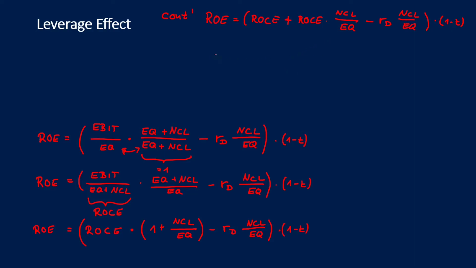And now, of course, we can do a last little thing. Return on equity is now return on capital employed plus, brackets again, return on capital employed minus the interest rate times non-current liabilities divided by the equity, closing brackets, and 1 minus t.